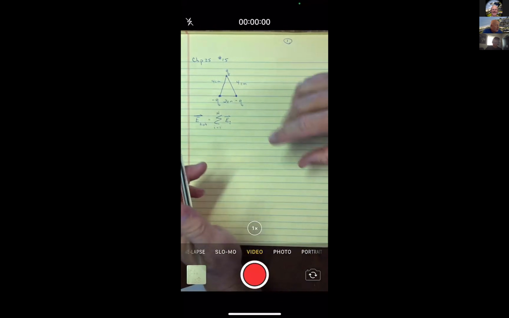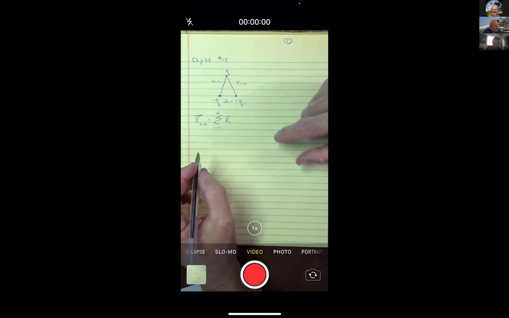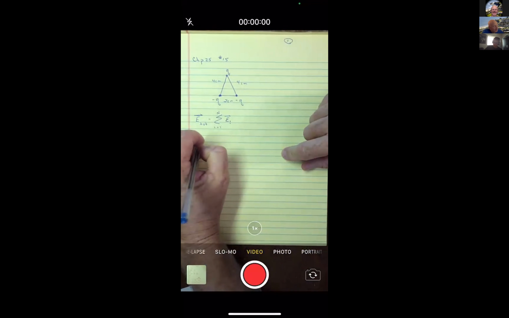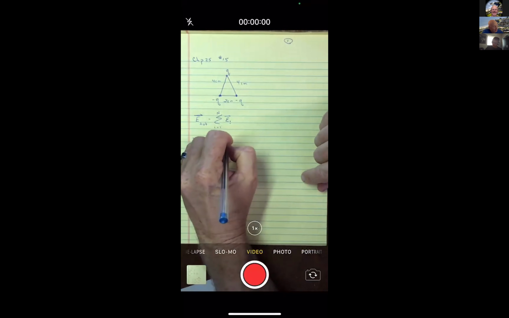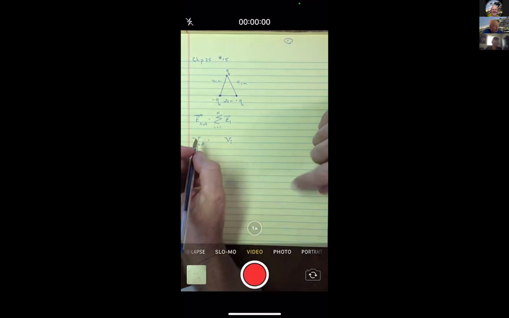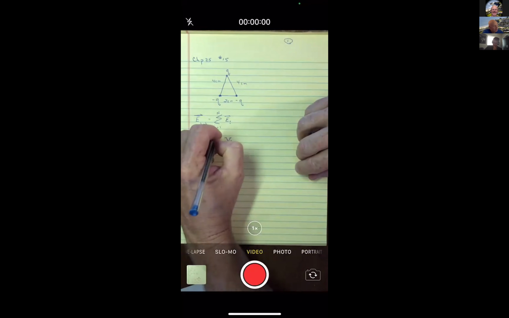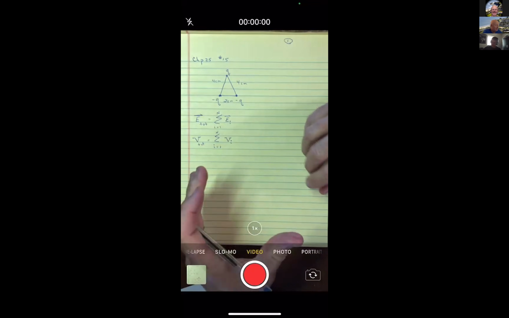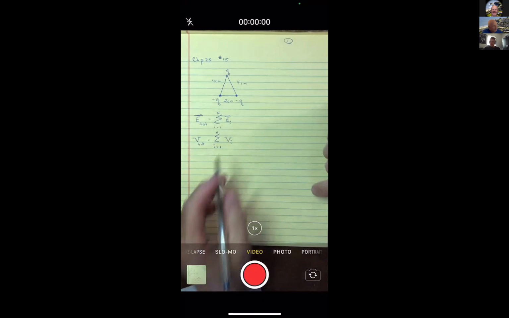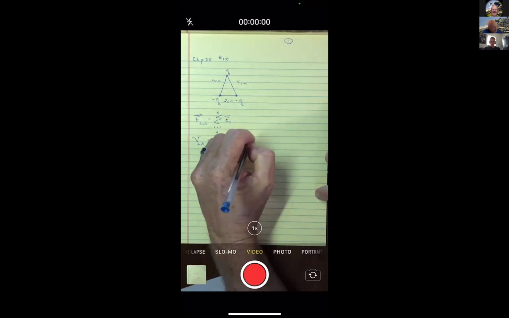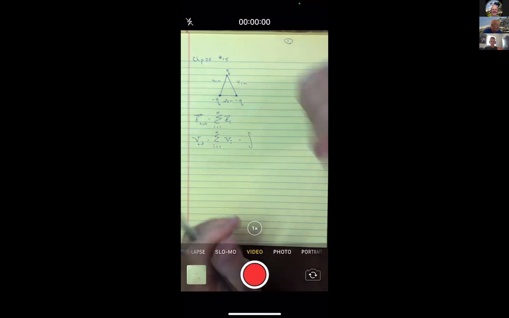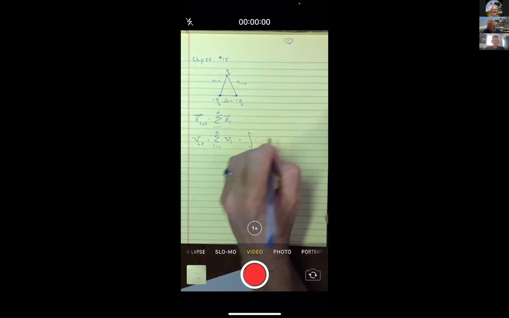Now, this is kind of that same thinking, that to find the total potential, we would find the potential from one individual point charge and then add up from the first one to the nth one, however many they are. And again, if it's a continuous object, we would have to do an integration.